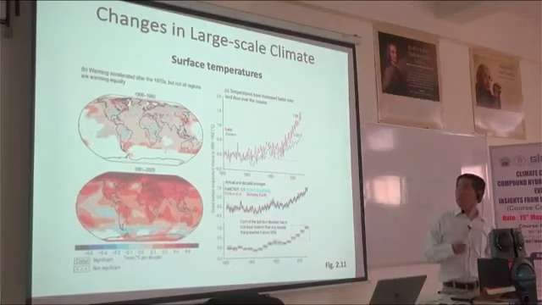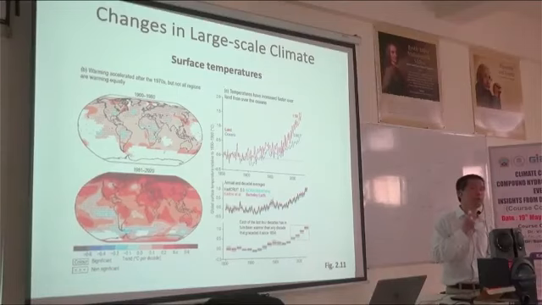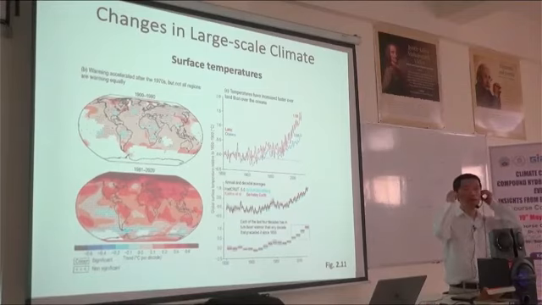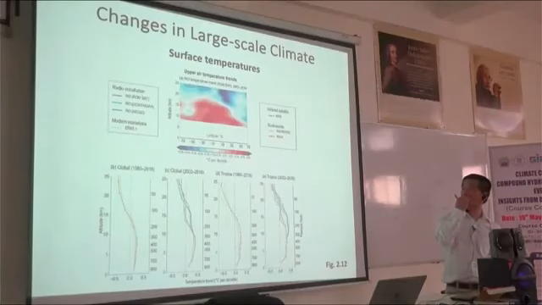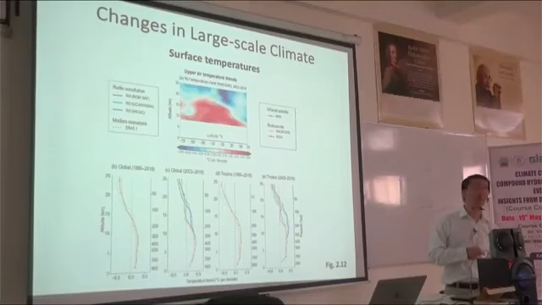So when we talk about global warming, we really talk about the troposphere, right? The atmosphere we live in, the lower atmosphere. But sometimes we don't talk a lot about the stratosphere, the upper atmosphere trend. That's also in the IPCC report.